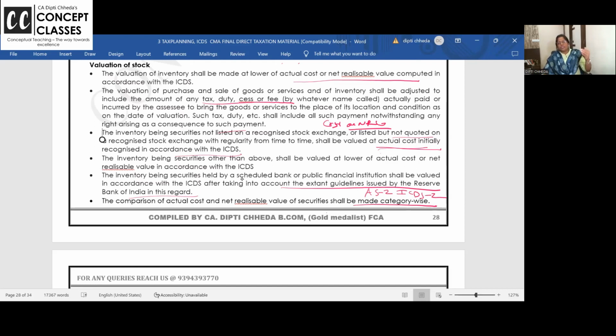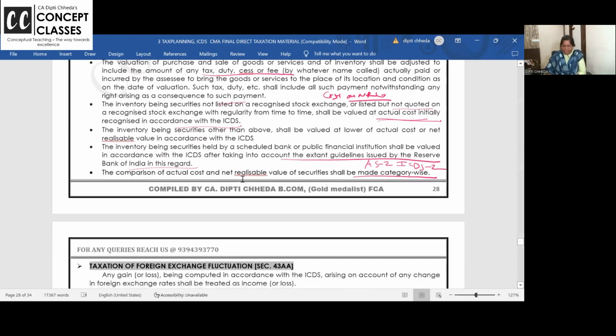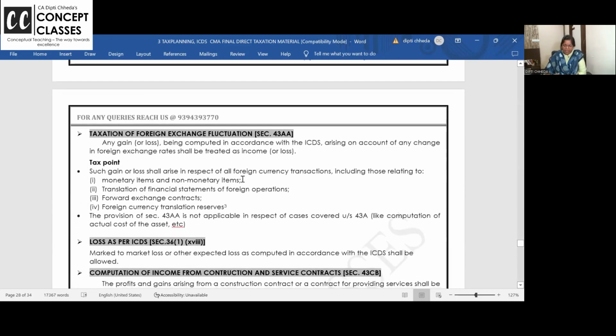If you have finished goods A, B, C, D, E, so all the finished goods cost, all the finished goods NRV, whichever is lower, you will take. Are you clear? This is a repetition of what we have done in ICDS 2. And now, taxation of foreign exchange fluctuations.